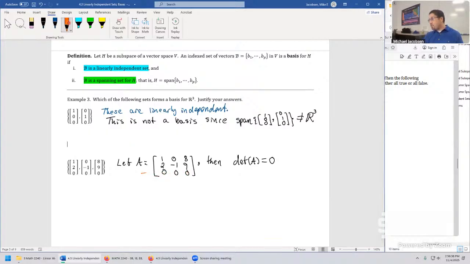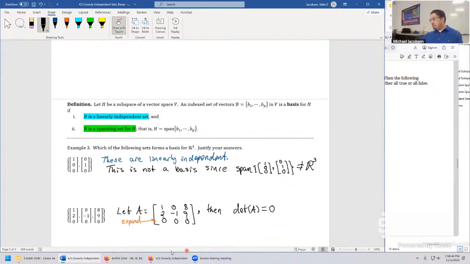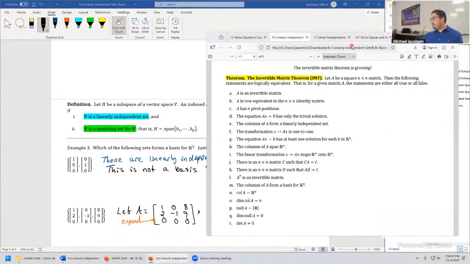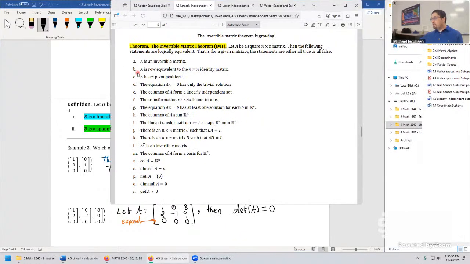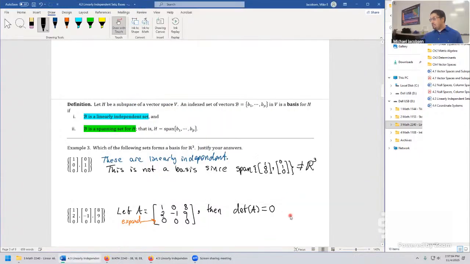So that's the cofactor expansion. But if the determinant equals 0, we cite the invertible matrix theorem again. We're told that the columns of the matrix A forms a basis if and only if their determinant is non-zero. So the moment we got a 0 determinant, we go back up here and say this does not form a basis.